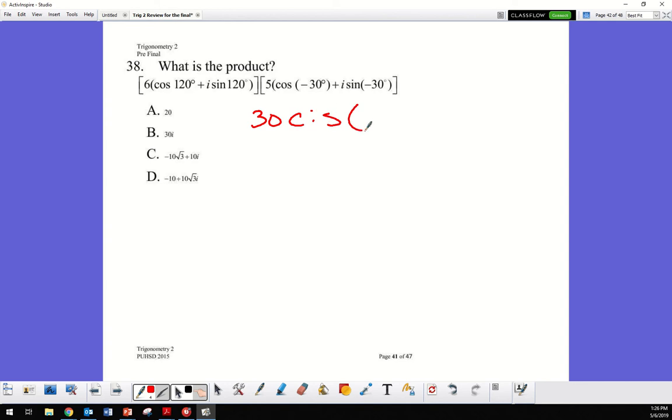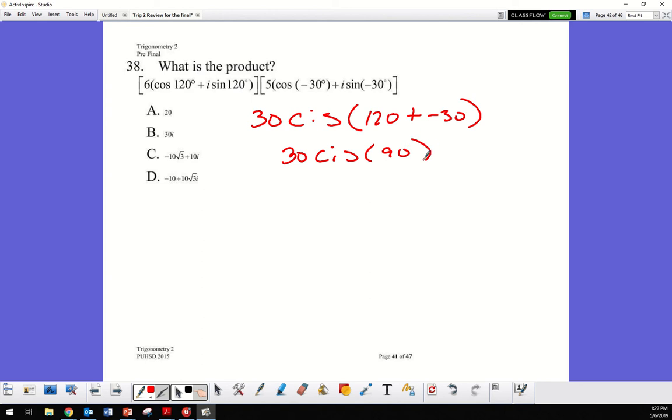CIS of, and when I'm multiplying, what do I do with my angles? You subtract. Try again. Add. You add your angles when you are multiplying. So this is going to be 120 plus negative 30. So that's going to be 30 CIS of 90.